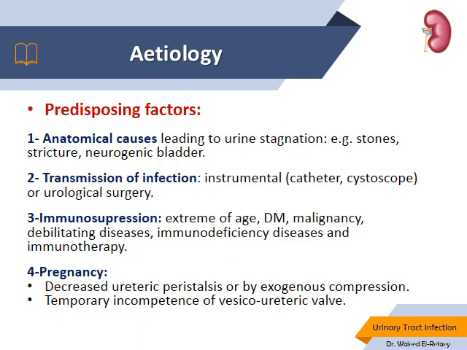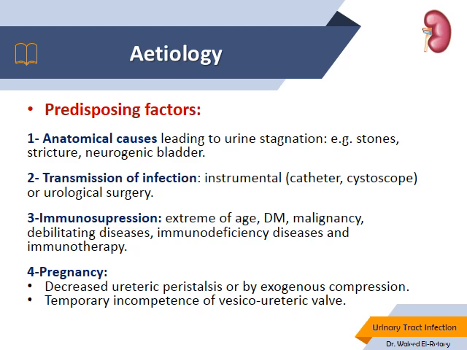Also predisposing factors, like we discussed before in complicated and uncomplicated urinary tract infection, may be anatomical causes or physiological causes that lead to acute pyelonephritis. Anatomical causes like any causes of obstruction, stones, neurogenic bladder, transmission of infection through catheter or cystoscope.